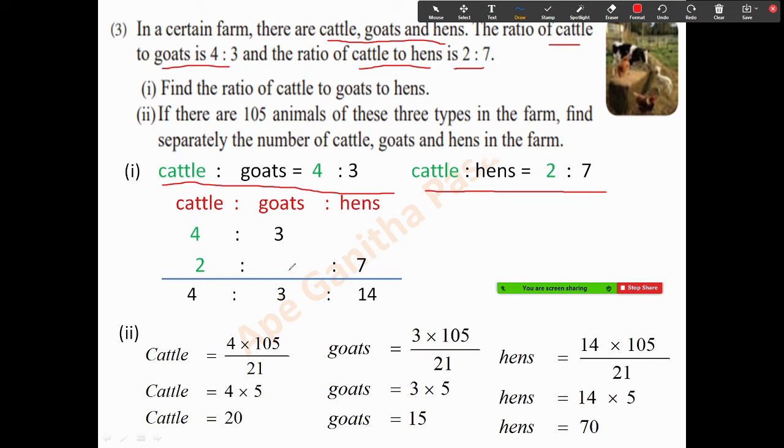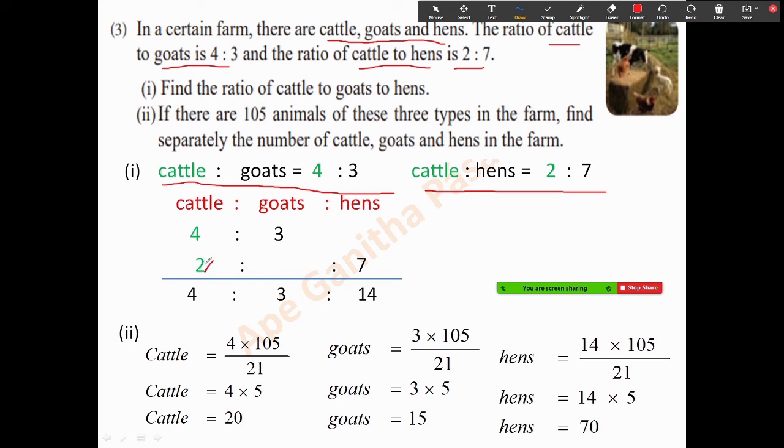This will be blank here because the second ratio is cattle to hens only. The previous one was cattle to goats. Now this is the common one. The LCM of 4 and 2 is 4. Here already 4 is there. Here you have to make 4.